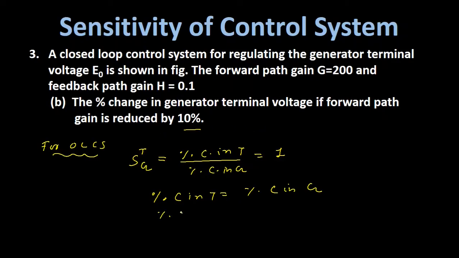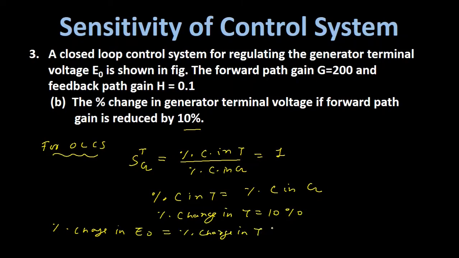So percentage change in T is equal to 10%, and since the percentage change in E0 is equal to percentage change in T, it will also be equal to 10%.